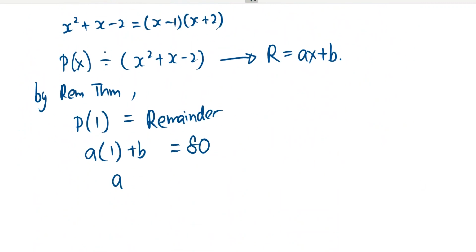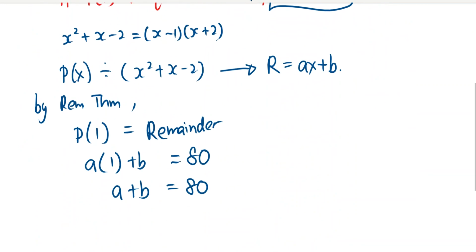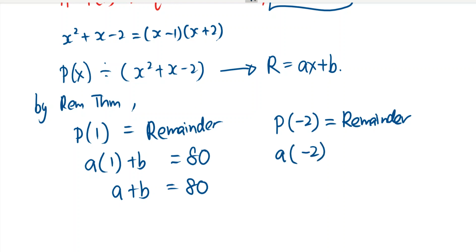So you have the first equation: a plus b equals 80. Same thing when I put x equals negative 2 into my function, it will also give you the remainder. So a(negative 2) plus b equals negative 10. So I form negative 2a plus b equals negative 10.